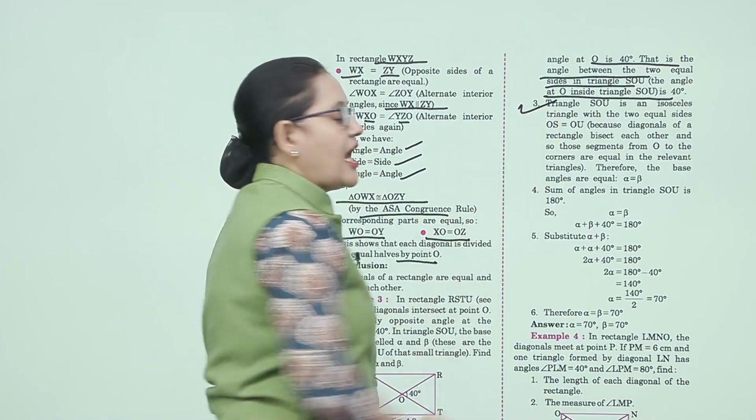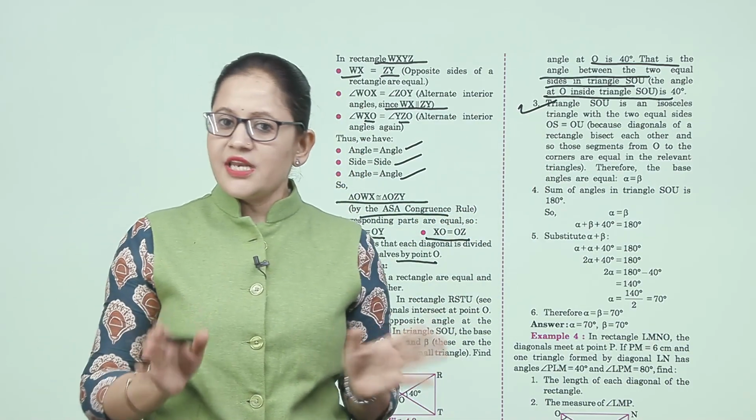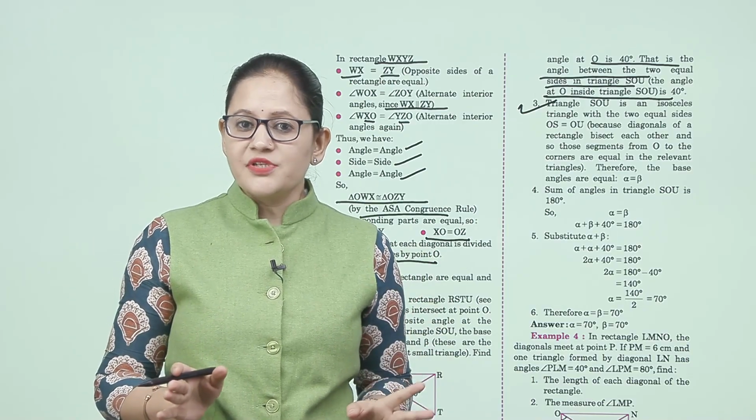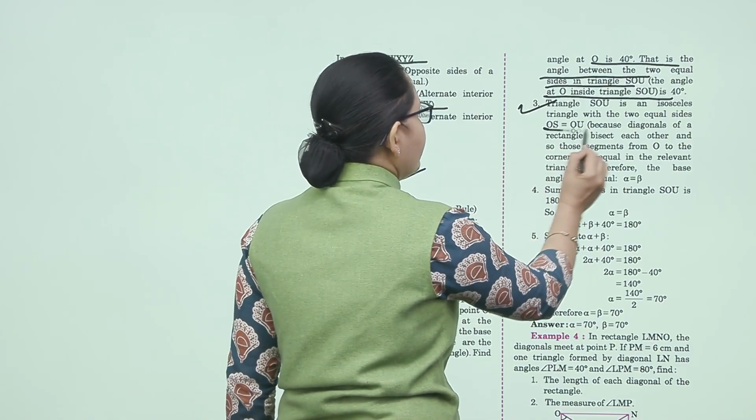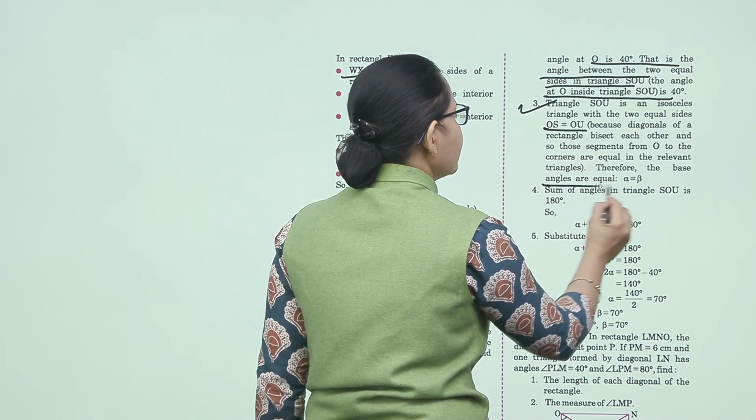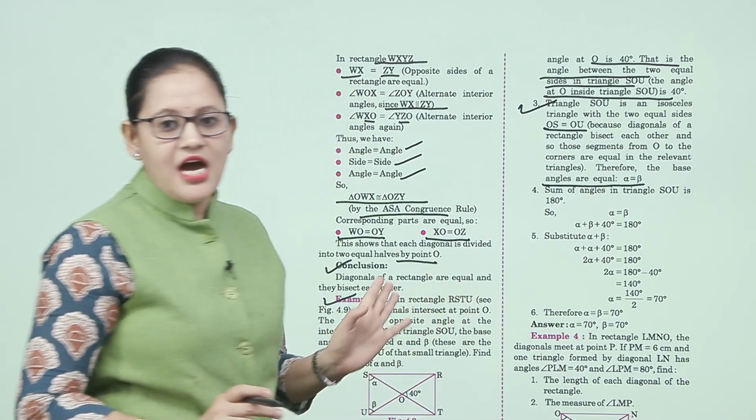Now, triangle SOU is an isosceles triangle with two equal sides, OS and OU. Therefore, the base angles are equal, which means alpha and beta are equal.